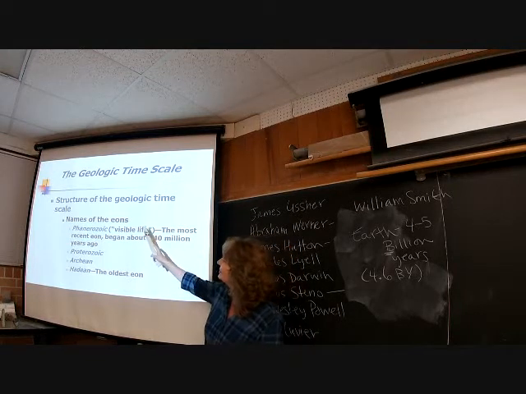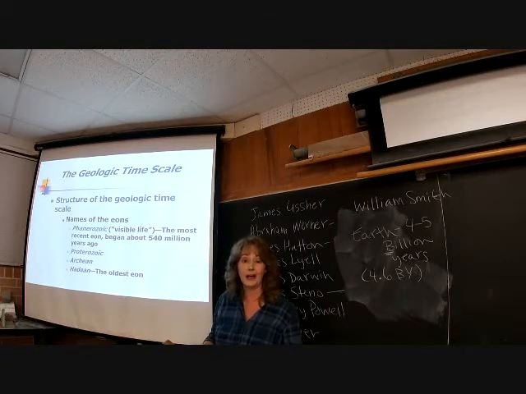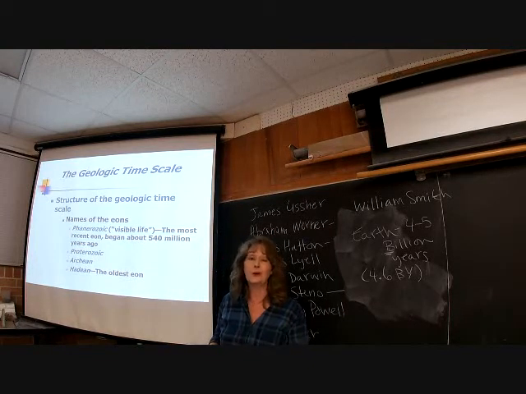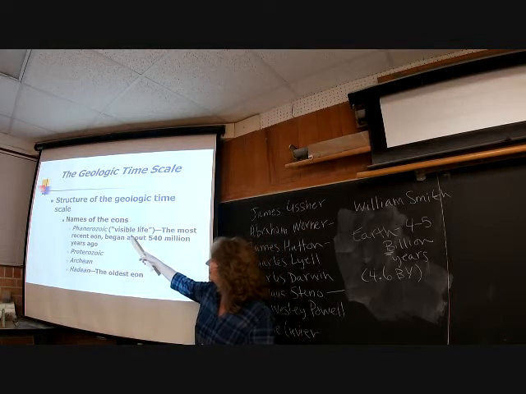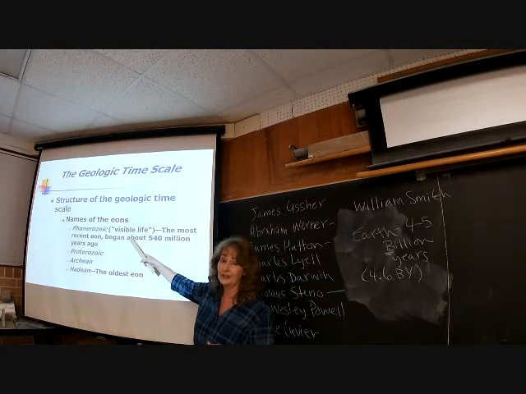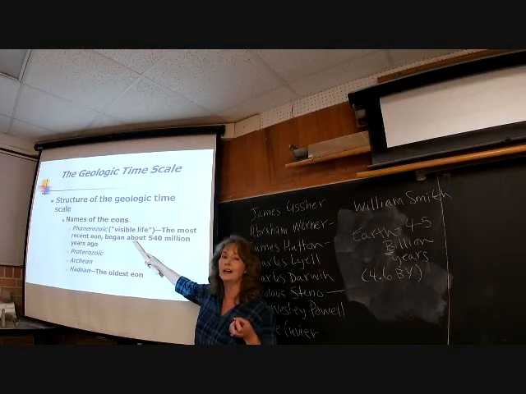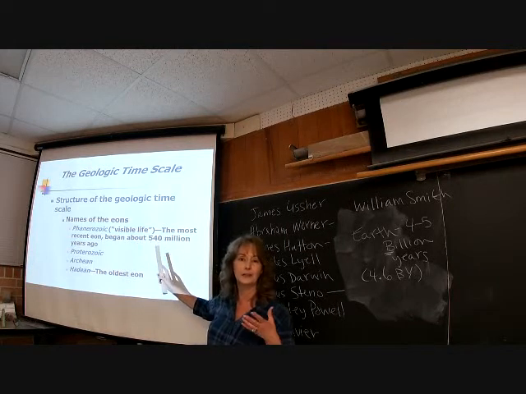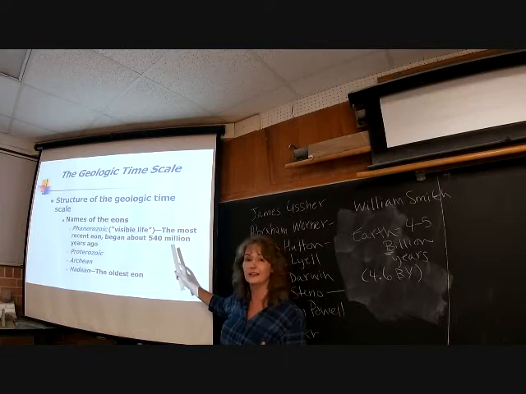And then here's one eon. The Phanerozoic is the visible life. So much of what we know about the geologic timescale is in this Phanerozoic eon. It's the shorter one because visible life was kind of hard to come by because of the lack of hard parts, right, and getting the fossils.